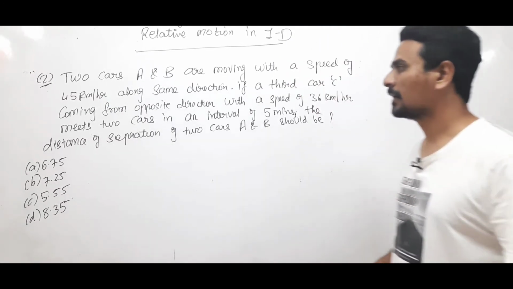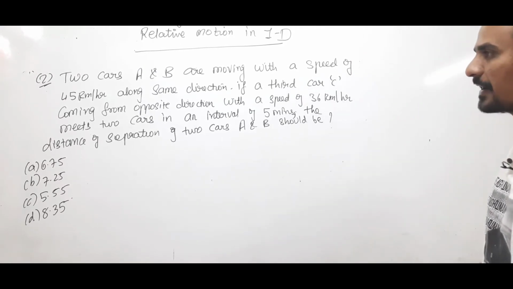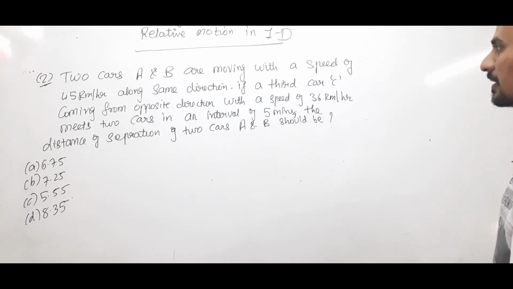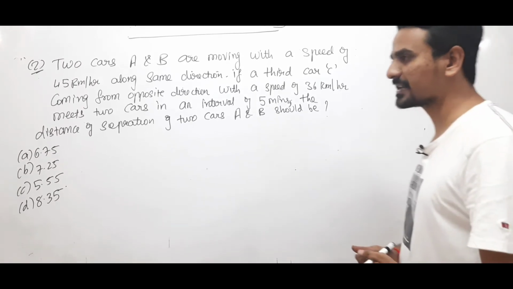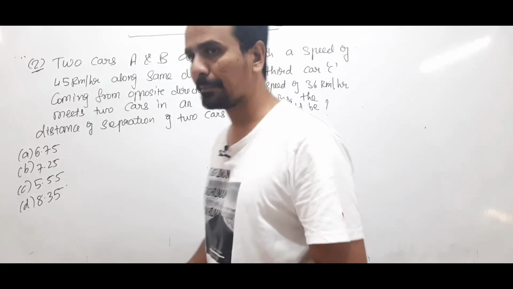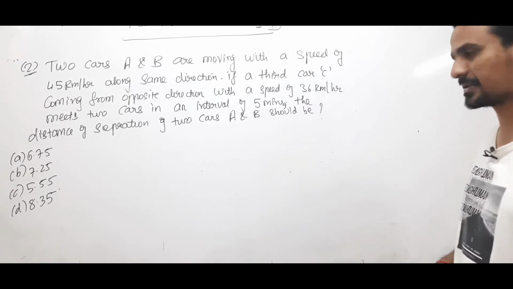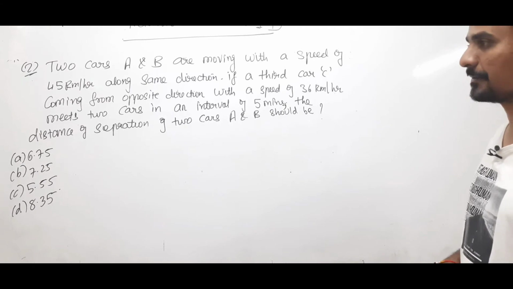Okay, the next one. Two cars A and B are moving with a speed of 45 km per hour along the same direction. If a third car C coming from opposite direction with a speed of 36 km per hour meets two cars A and B in an interval of 5 minutes, what is the distance of separation of two cars A and B?